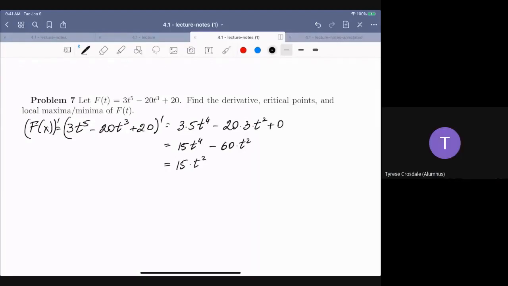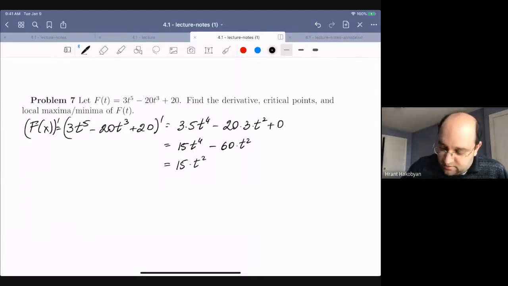Moving kind of fast there, buddy. Yeah. Okay, well, so there is t squared here, and there is t to the power 4 here. So I can factor t squared out, right? So I'm going to factor that out and just write out what I get.